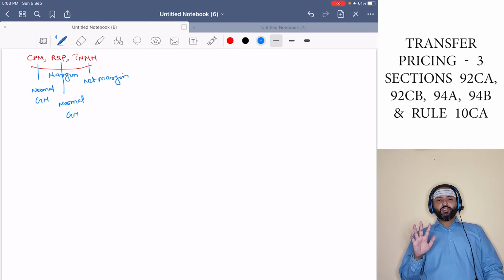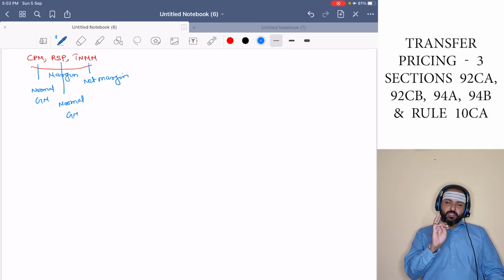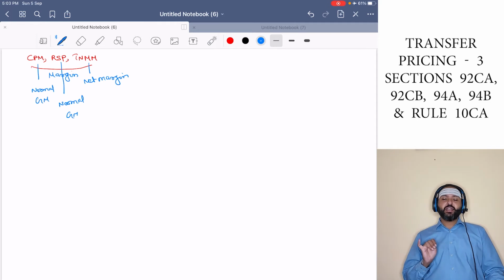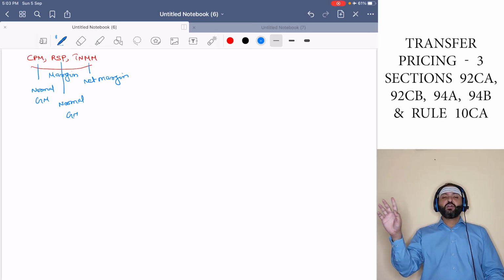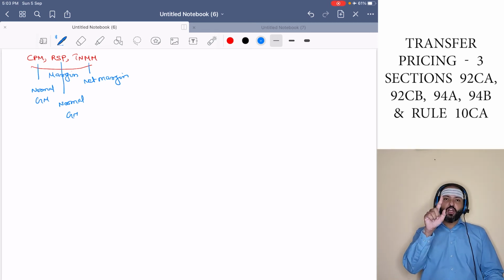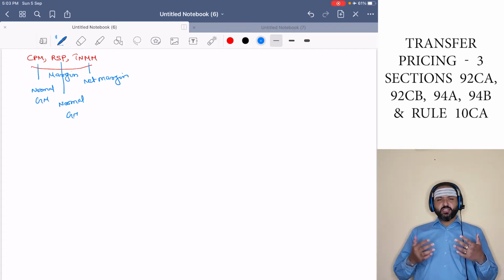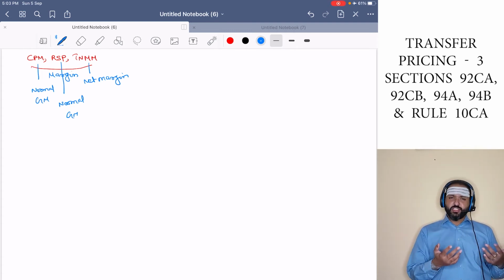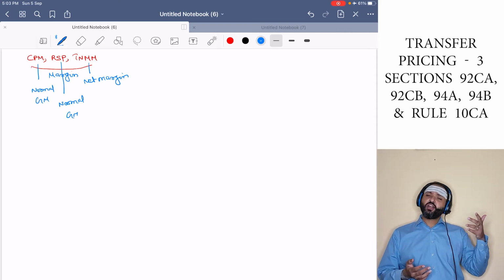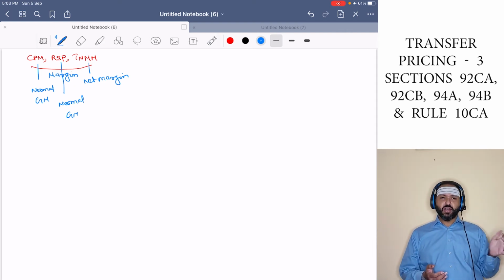But when I resort to these 3 methods, cost plus method, resale price method, transactional net margin method, I am also considering something called a margin, which will not be the same for every period. For example, this year I have a margin. The same margin need not be there for the next year. The same margin need not have been there for the last year or the year before last.